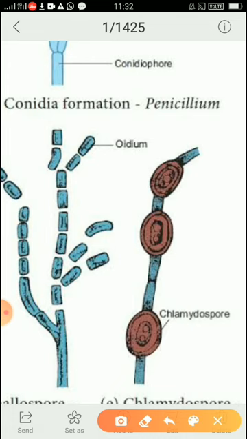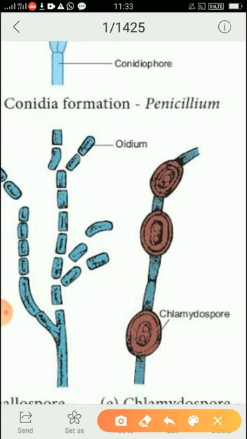These are formed from hyphal cells. What is a hypha or hyphae? Hypha means a thread-like structure present in the fungal thallus. And the network of hyphae we can call as mycelia or mycelium. And from this hyphal cell, what is forming?